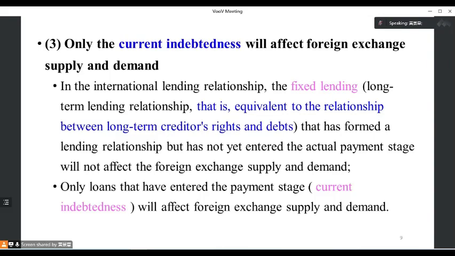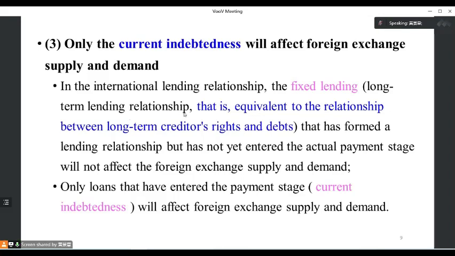Three. Only the current indebtedness will affect foreign exchange supply and demand. In the international lending relationship, the fixed lending in brackets tells us the explanation.